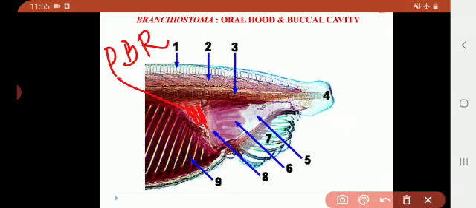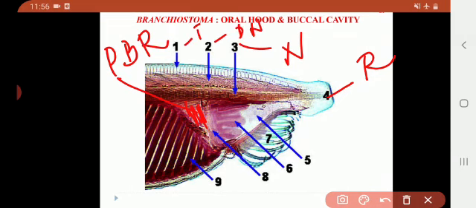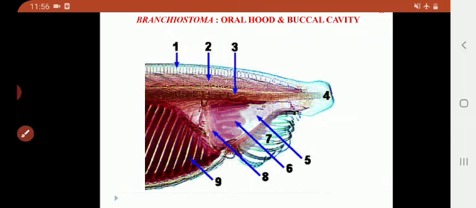These other structures marked as 1, 2, 3, 4, I suppose are clear to you. 4 is the rostrum, 3 is the notochord, and you have the dorsal nerve cord. And here are the Findray boxes. I hope all these structures are clear.